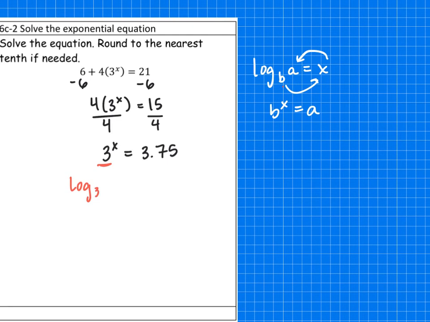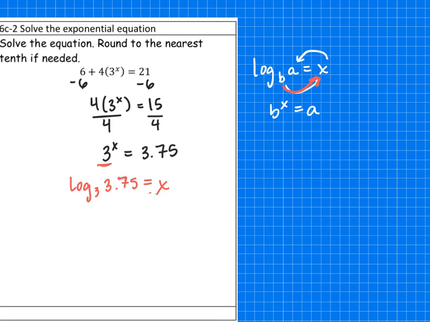Remember, it's the base to whatever is over on the other side of the equal sign. So 3 to the 3.75, sorry, and that equals x. So I've got that 3 to the x equals 3.75. Obviously, you don't have to have all of those arrows there, but you need to do the rewrite. When you're solving using logs, it's rewrite, rewrite, put in the calculator.